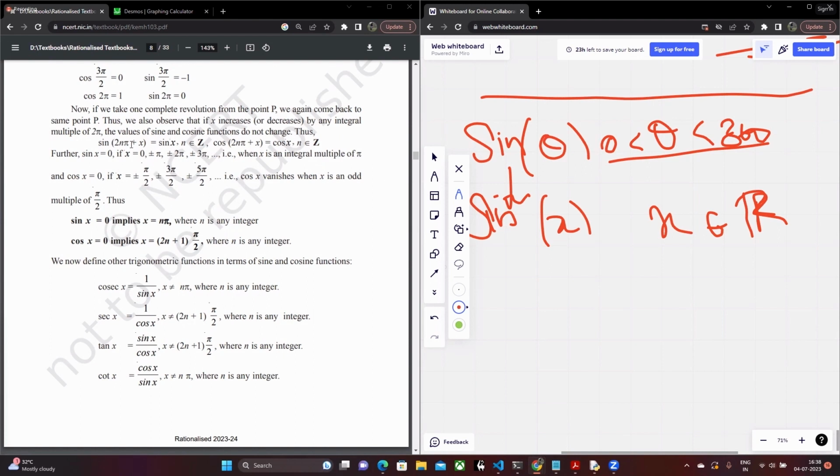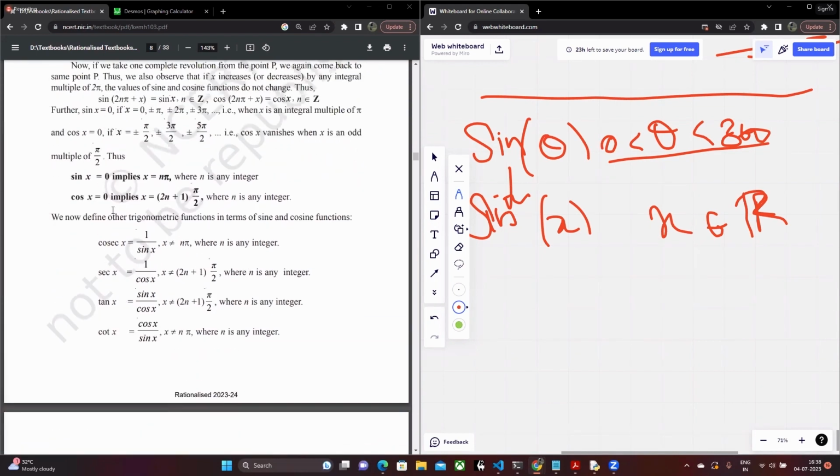The 2 pi is 360, so 360 times n plus, say, 45 degrees, that is 45, then 405, then 765, they all have the same sine value, and similarly the same cos value, because 405 degrees is basically 360 plus 45, which is 45 degrees. That's the fact being used over here.